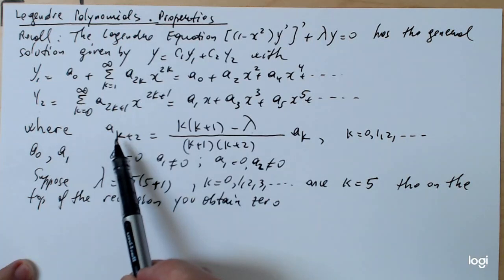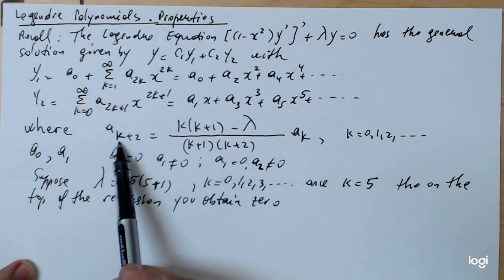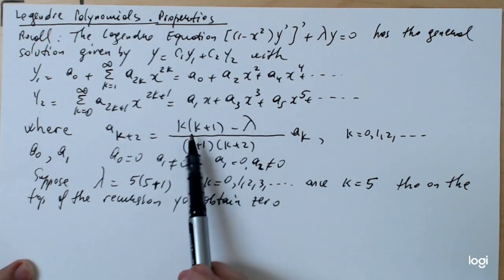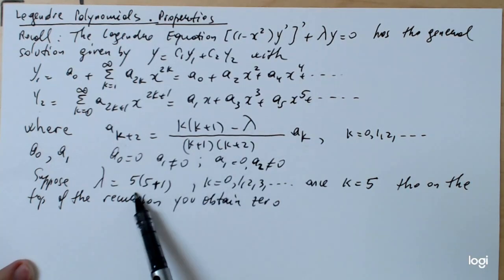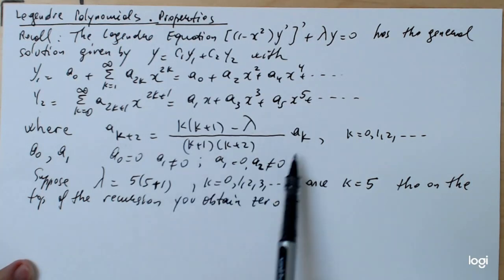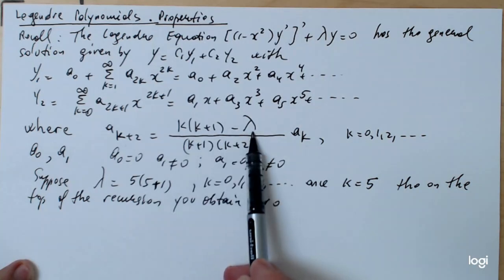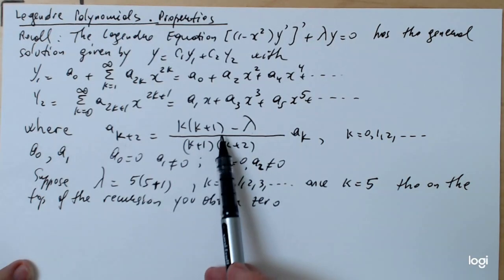And of course, in this case, you'll have to start actually with A1, because, again, this jumps 2 positions ahead, right? So if I start with 1, that means 1 times 2, it's the first expression here, minus lambda, and then it's going to be 3 times 4 minus lambda, and then eventually it's going to be 5 times 5 plus 1, and if lambda itself is 5 times 5 plus 1, then the numerator here will be 0. I'm going to illustrate immediately with an example.